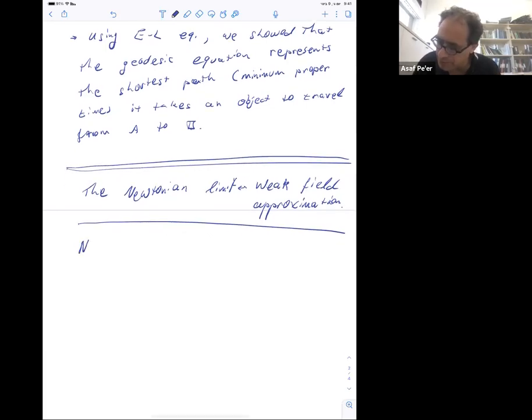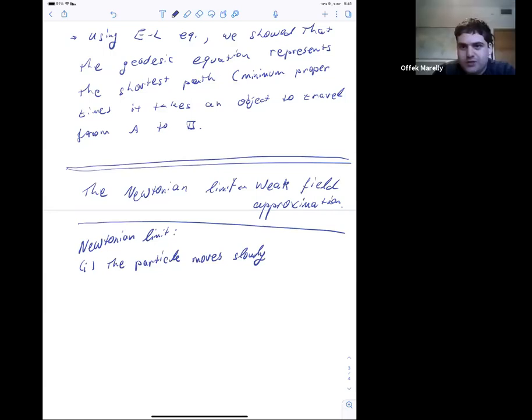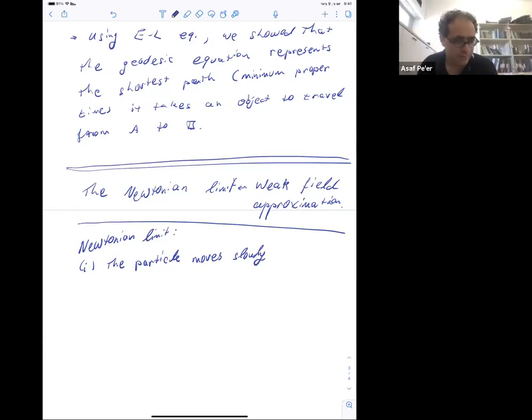Newtonian limit means that there are 3 requirements. The first requirement is that the particle moves slowly. What do I mean by slowly? In regards to c, of course. v is much smaller than c.